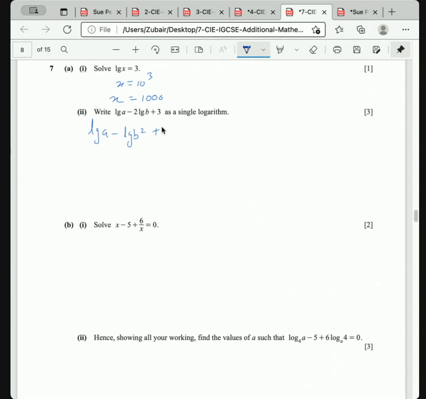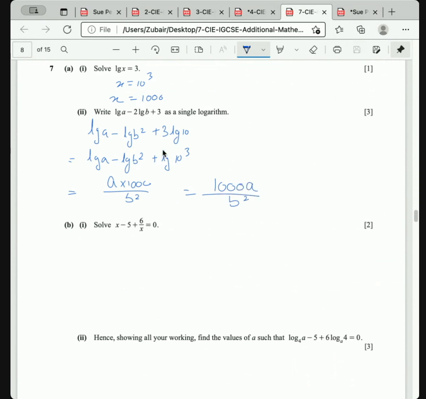I'm writing 3 as 3 log 10, base understood 10, so that is 1. So log a minus log b squared plus log 10 raised to power 3. Whenever we are in addition we multiply, in subtraction we divide. So that is going to be a times 1000 over b squared, 1000a over b squared.